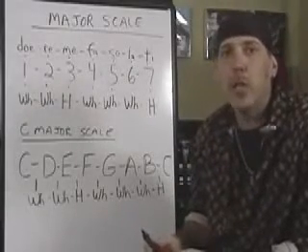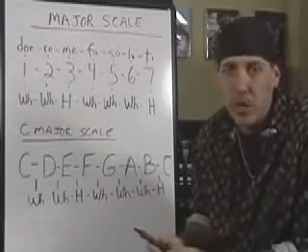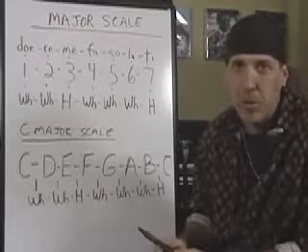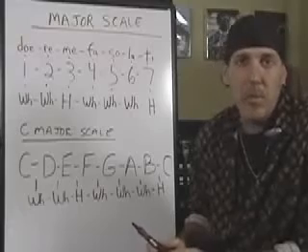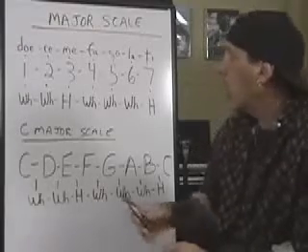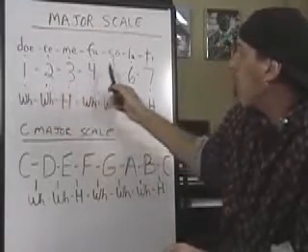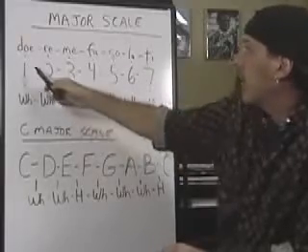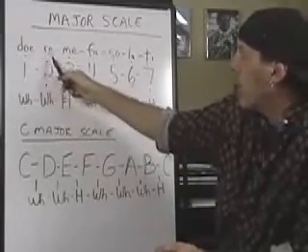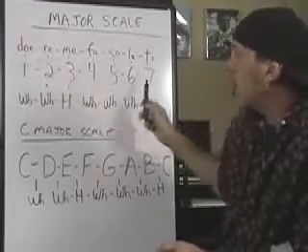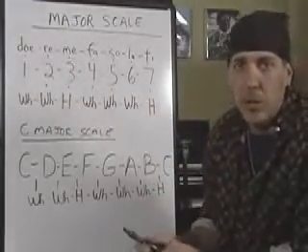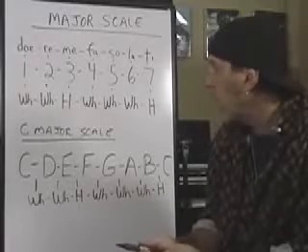And a major scale has 7 notes. For each one of those notes we assign a number or degree in order: 1, 2, 3, 4, 5, 6, and 7. Do is the first note, the 1, re is the 2, mi is the 3, and so on and so forth. So each note gets a number. There are 7 notes in any major scale, okay?